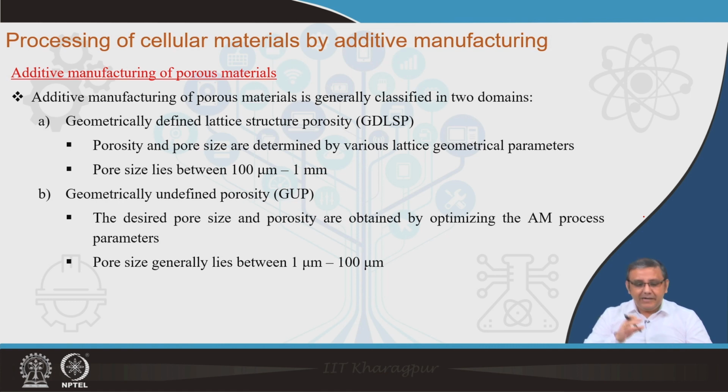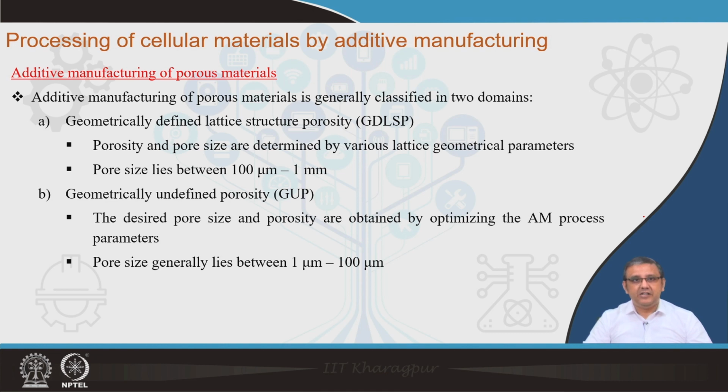Now, fabrication of AM components or AM porous materials has two different domains. The first domain is called GDLSP, or geometrically defined lattice structure porosity, and the second domain is called GUP, or geometrically undefined porosity. The names themselves tell what they mean.